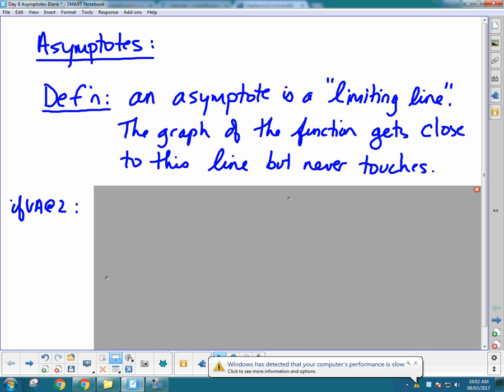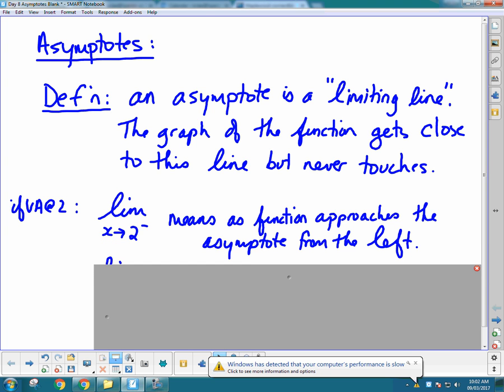So instead of saying I want you to do a test point just to the left and pick 1.9, I'm going to formalize that and talk about what happens on the left side and the limit as the function approaches the asymptote from the left. We know about that notation now.